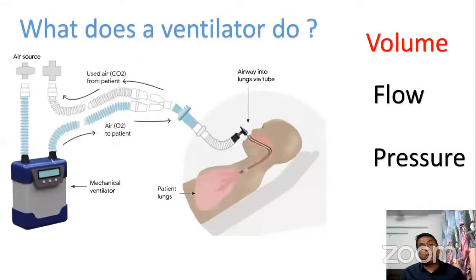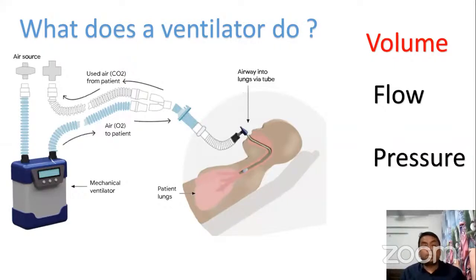What is the function of a ventilator? The function of a ventilator is to simply push air into the patient's lung and let that air come out. When you push a certain amount of volume over a certain amount of time, we get flow.